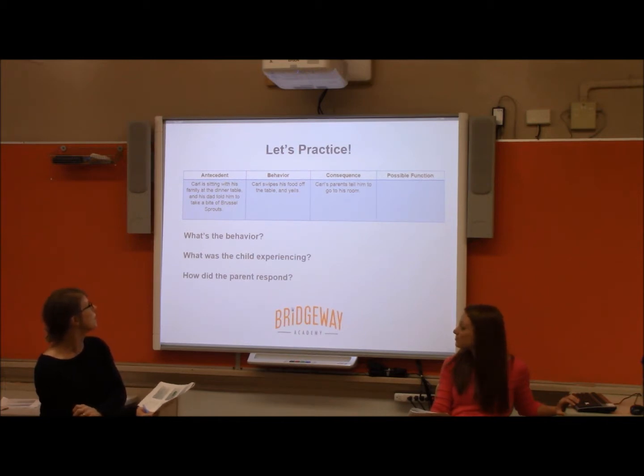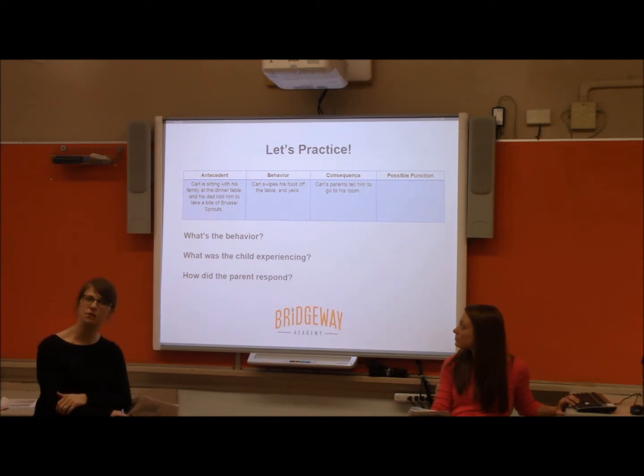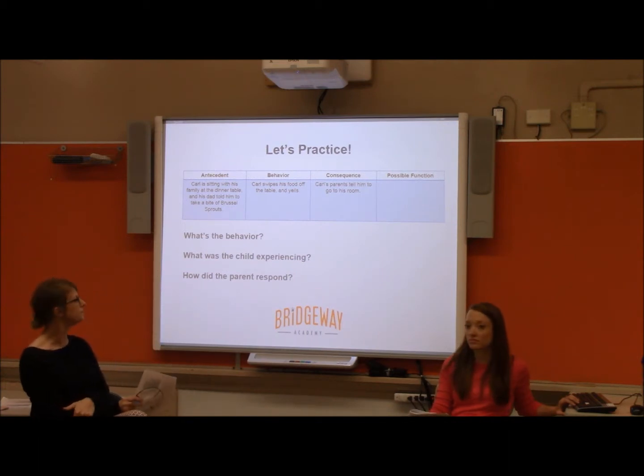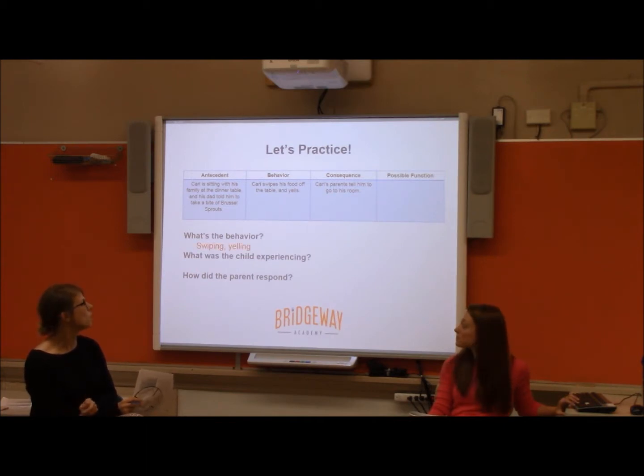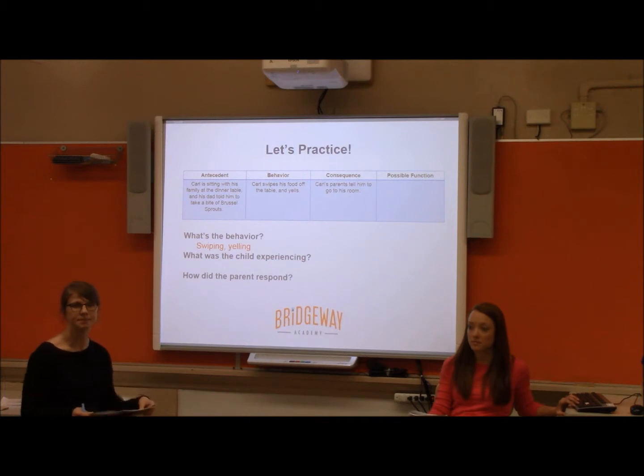So thinking about it in terms of these questions and how to answer it, what is the behavior that is observable and measurable? Throwing the food off the table and yelling. What was the child experiencing? And that's what this function wheel asks.